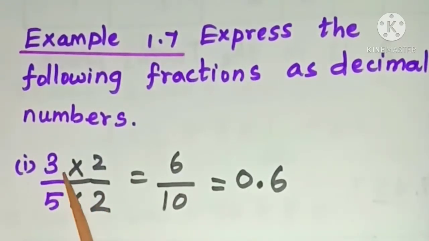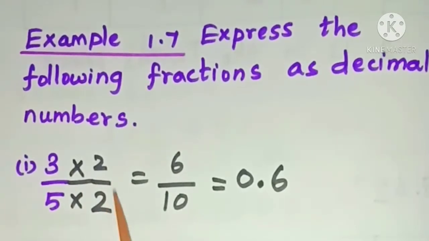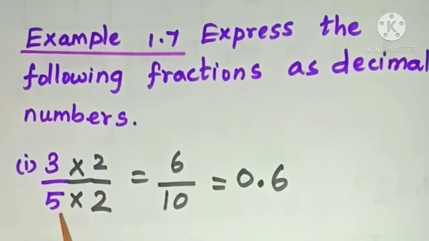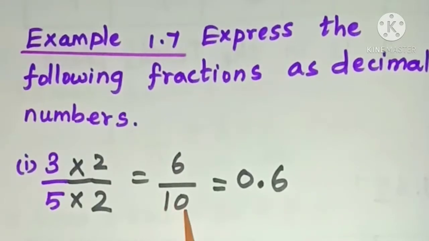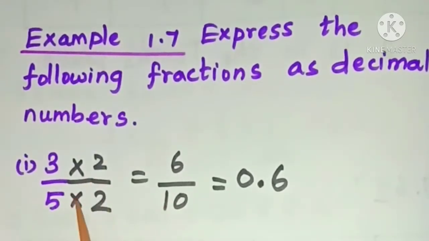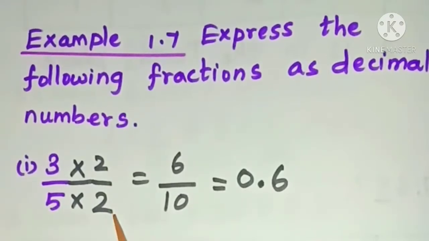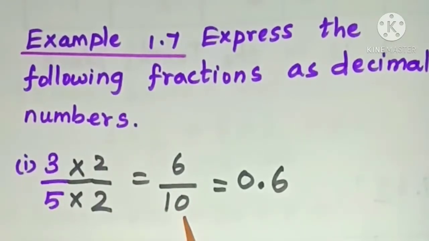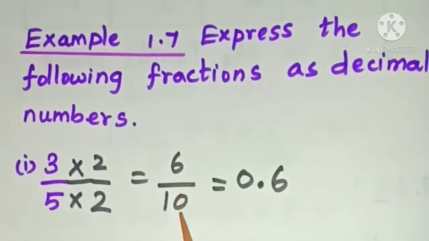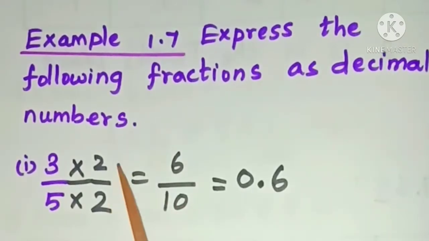So students, here 3 by 5 is given, and when we multiply and divide by 2, we get the denominator as 10. So we are multiplying the fraction by 2 by 2. So that is 3 into 2 divided by 5 into 2. That's why we are multiplying and dividing by 2.